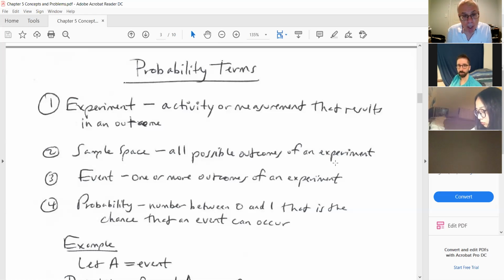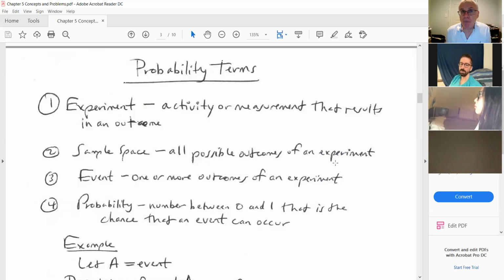Well, both of them could be heads. Both of them could be tails. The first one could be heads and the second one tails, or the first one is tails and the second one is heads. Those are the four possible outcomes. That's your sample space for flipping the coin twice. If you roll a six-sided die, the sample space for rolling it once is six possible outcomes, one dot all the way up to six dots.